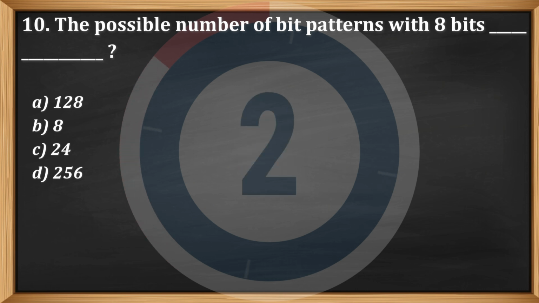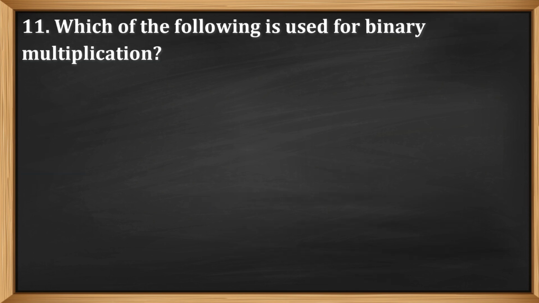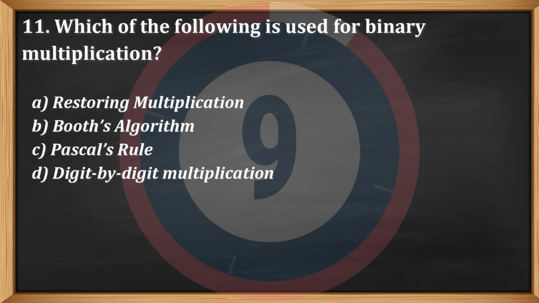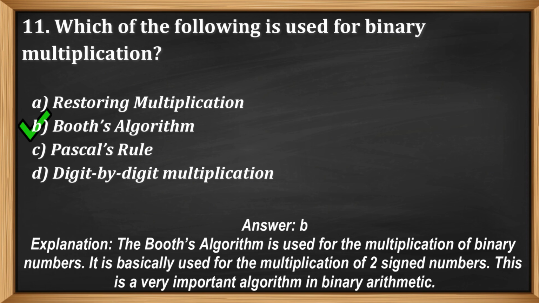The possible number of bit patterns with 8 bits, option D, 256. Which of the following is used for binary multiplication? Option B, Booth's algorithm.